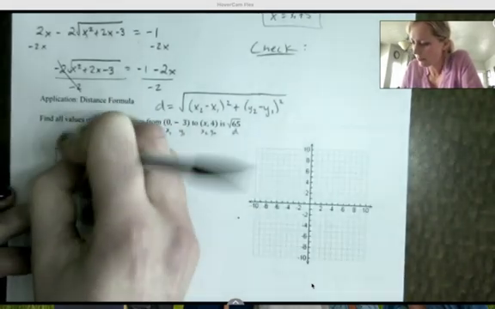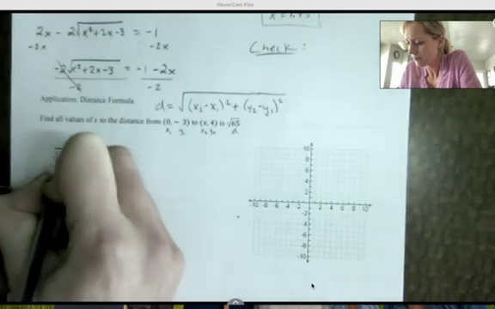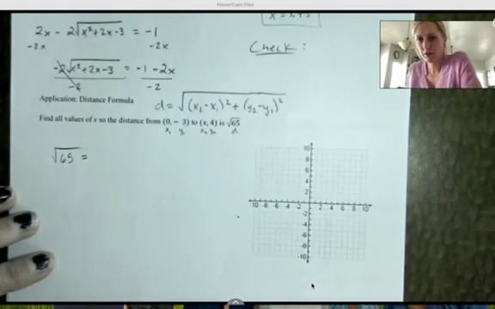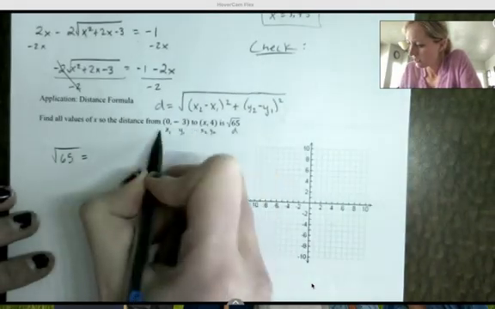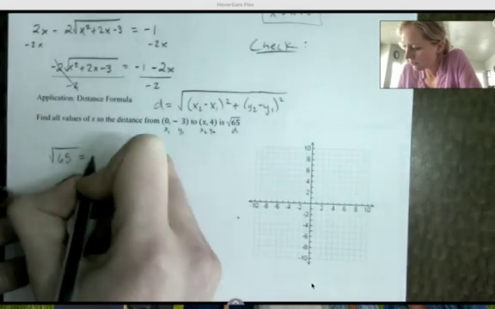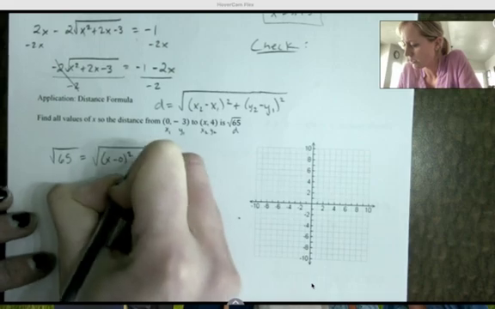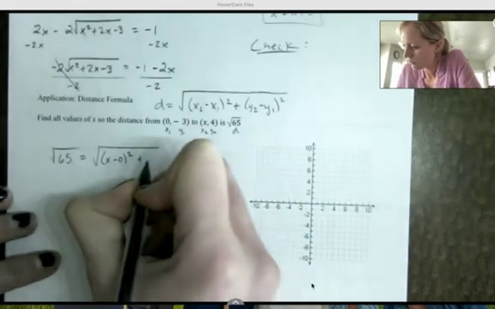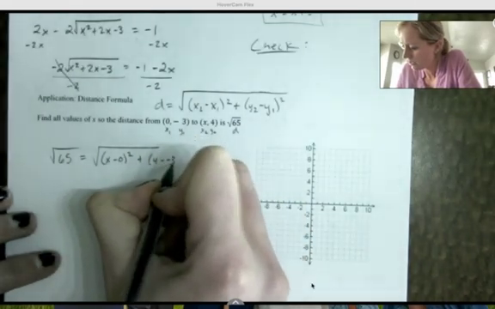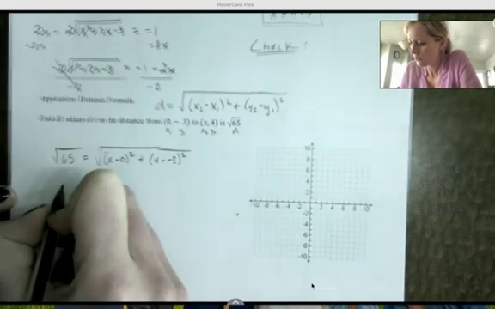I'm just going to plug this in. So we've got square root of 65 equals x2 minus x1, so we've got x minus 0. I'm just going to write all of it out first. And then y2 minus y1, so we've got 4 minus -3. Let's do a little simplifying.